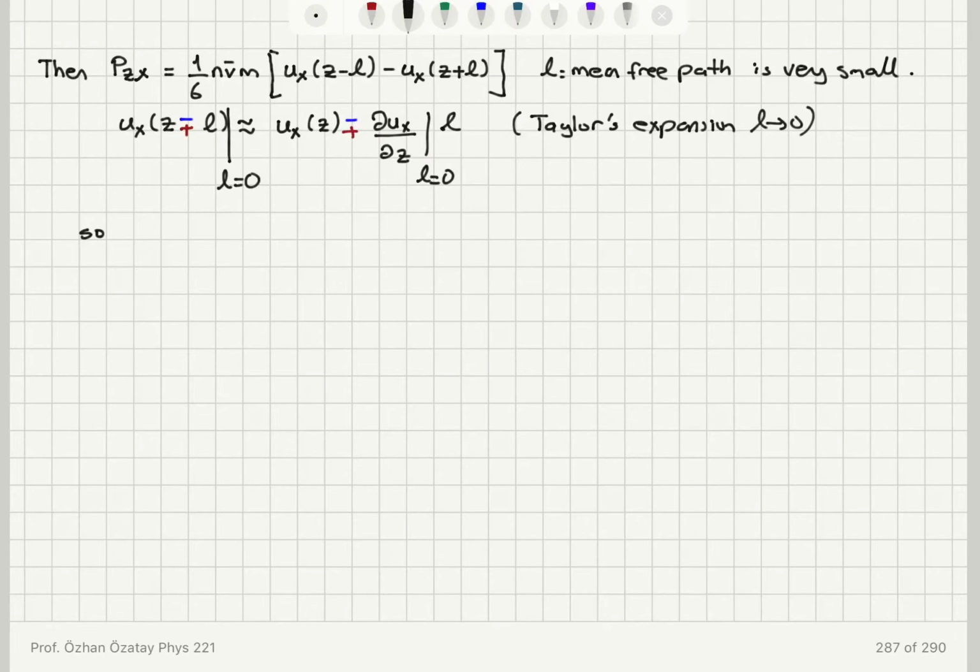So you can see that this is going to give us, for the tangential stress, 1 over 6 n v bar m times the momentum that comes from the bottom, the molecules approaching the plane from below, which have ux of z minus del ux del z, and then minus ux of z plus del ux del z.